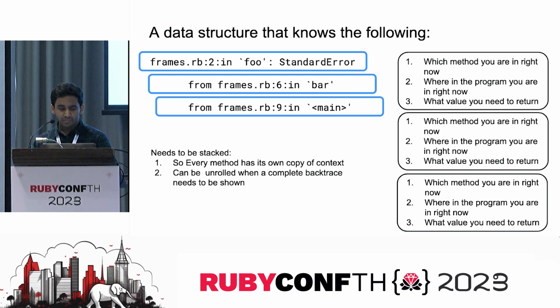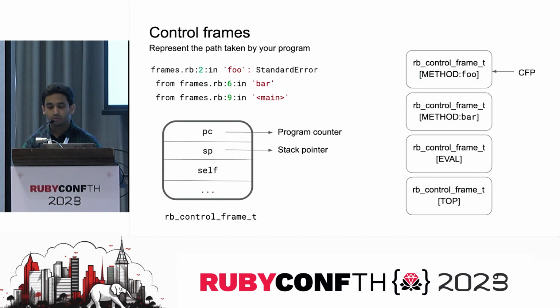That way you go all the way to the top, and this is what's called a control frame. A control frame is just what I defined right now, and it has a certain number of values within it. It will have the program counter that you can use to keep track of where in the program you are right now. You can keep track of the stack pointer, so you can access the values from your stack. And it also contains the value of self. So if you do self dot something, it knows what the self means.